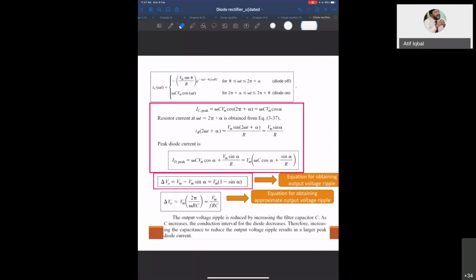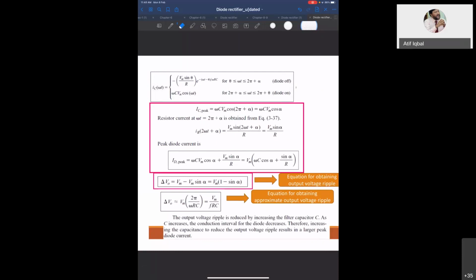And for the capacitor current, the expression is found for the diode off and for the diode on. The peak value of the capacitor current, the resistor current at omega t plus, means in the next cycle, 2 pi plus alpha. So this is the expression. Diode peak current, this is the expression.